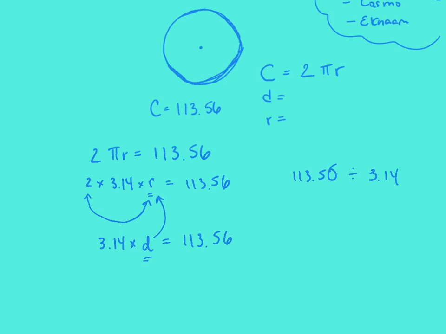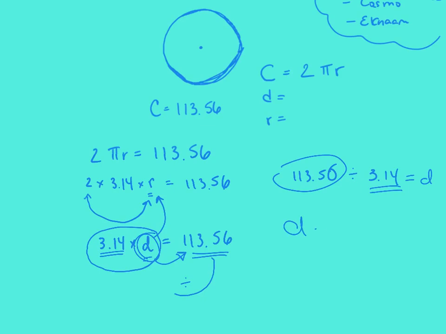Look, if you multiply 3.14 times the diameter, it's going to give you 113.56. So you do the opposite of multiply, you divide by what we know. What do we know? 3.14. It'll give you the diameter. So basically for these problems, you're taking the actual answer and dividing by 3.14, and that'll give you the diameter. Once you have the diameter, just divide it by 2 and you'll get the radius.